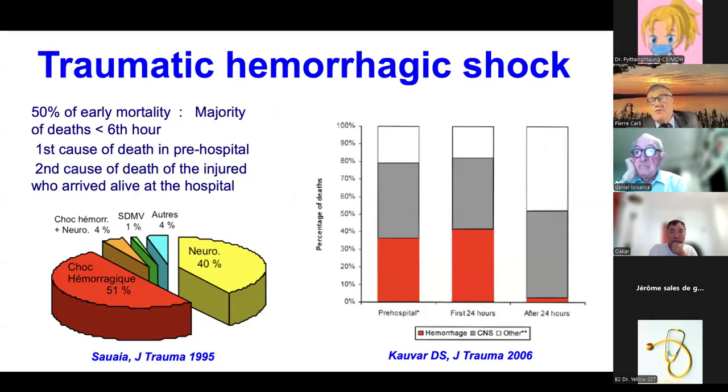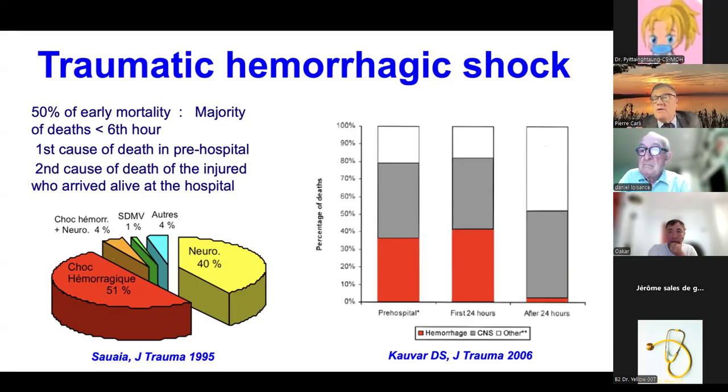The second point is unfortunately one we have been sure of for many years. Globally, what kills patients early is hemorrhagic shock at the pre-hospital phase. And clearly, it's also where you have the most possibility to save lives by organizing care, simple but very effective, to stop the hemorrhage.